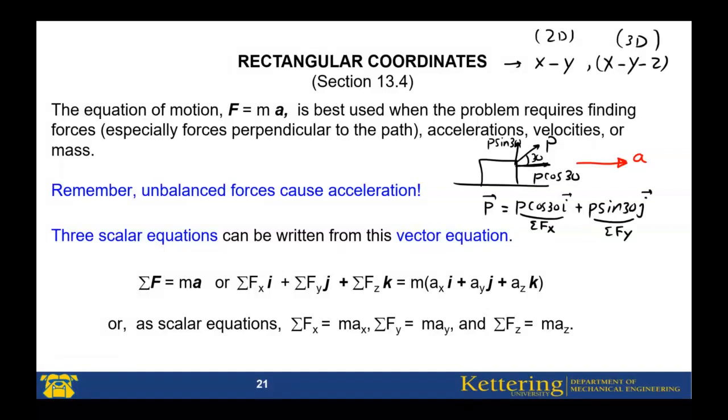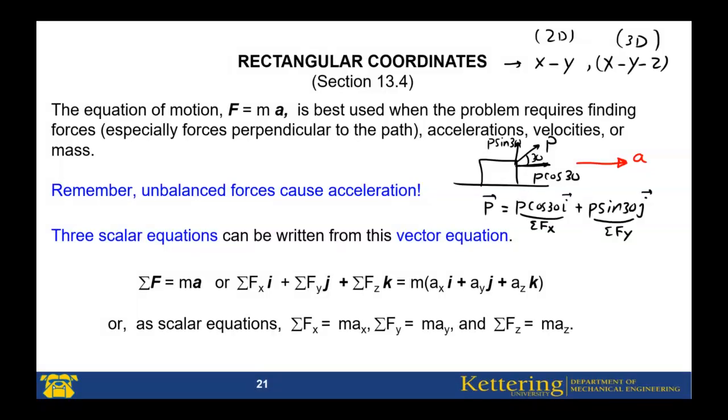Now, if I equate the left-hand side to the right-hand side, the i components equal the j components and equal the z components. Finally, I can conclude that sigma Fx equals max, sigma Fy equals may, and sigma Fz equals maz.